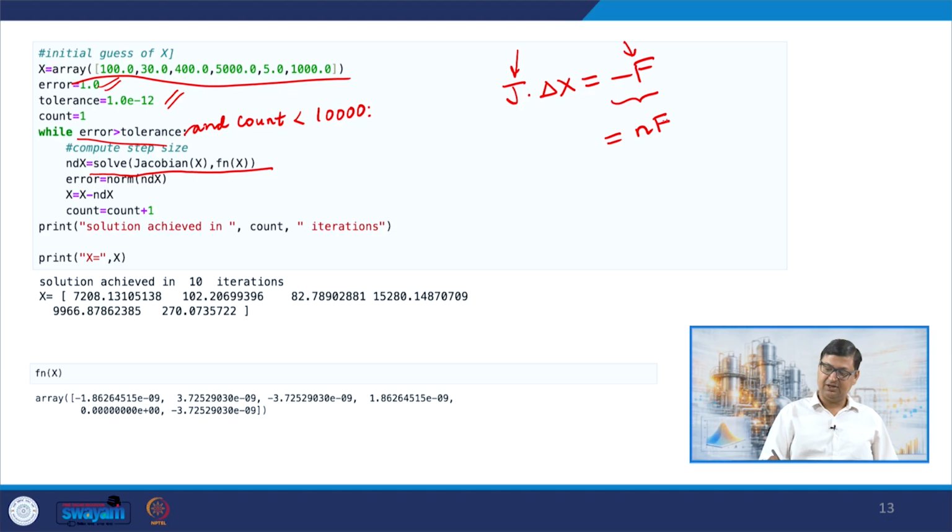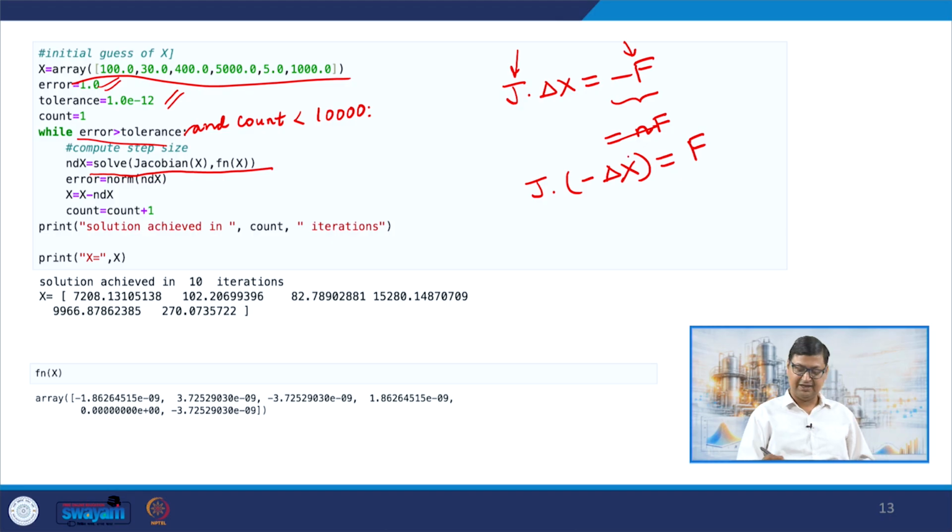So basically what I am doing here is J dot minus delta x is equal to f, not the nf as I just said, right? And I am solving for minus delta x, right?